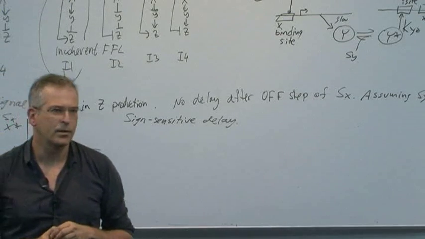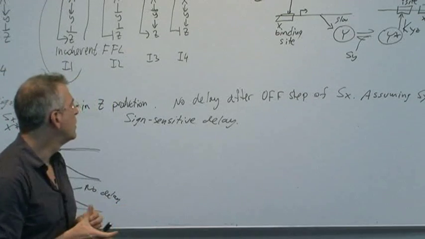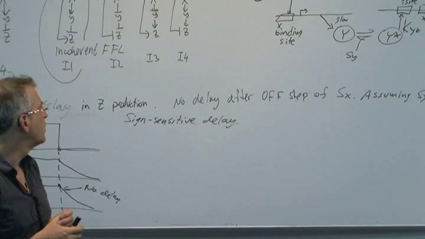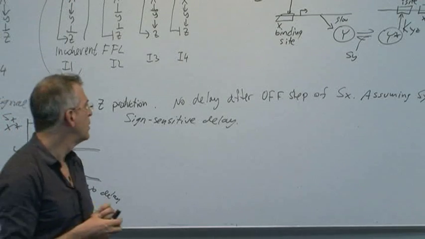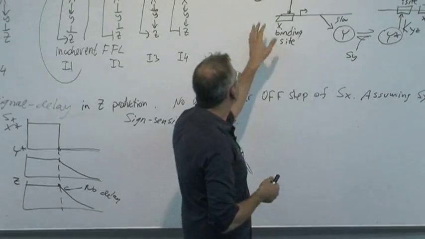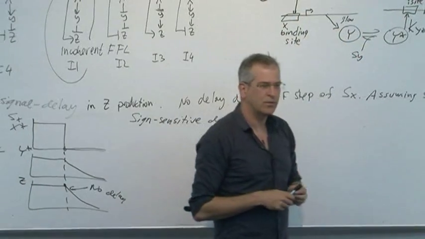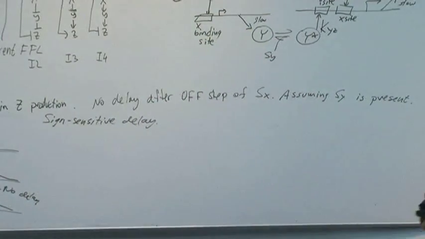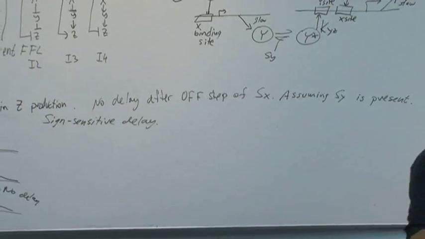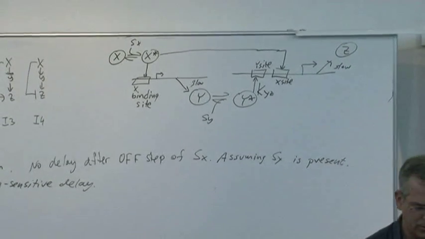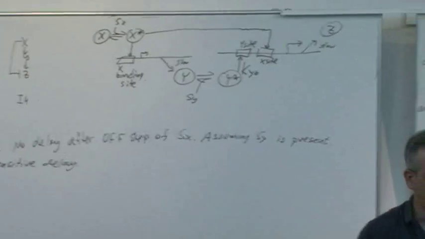Explain again what's the difference between Y and Y star, and what is the process that turns Y into Y star? So the question is, what's the difference between Y and Y star, X and X star? These protein transcription factors are little machines. They're built to be in two molecular states. They switch on a microsecond time scale.